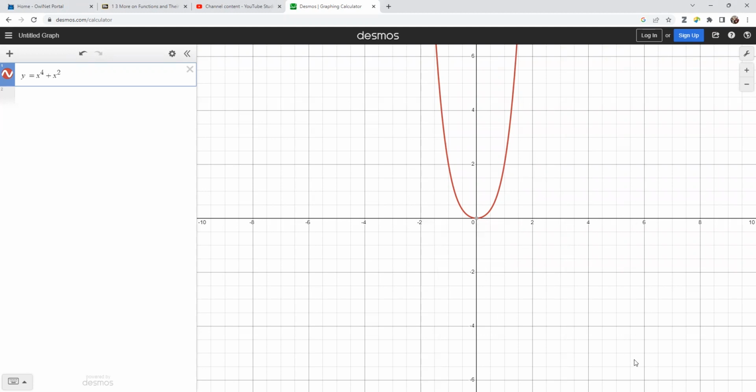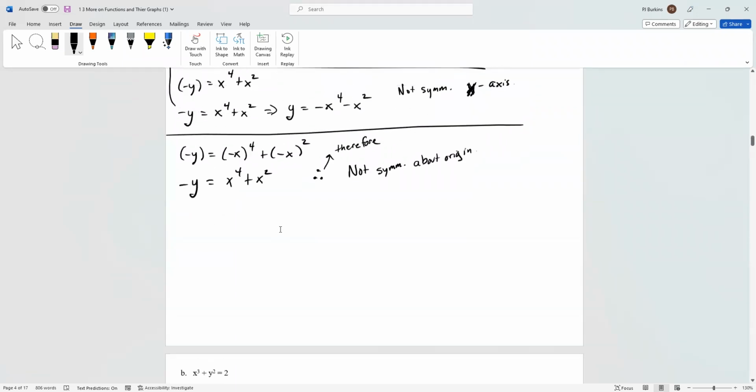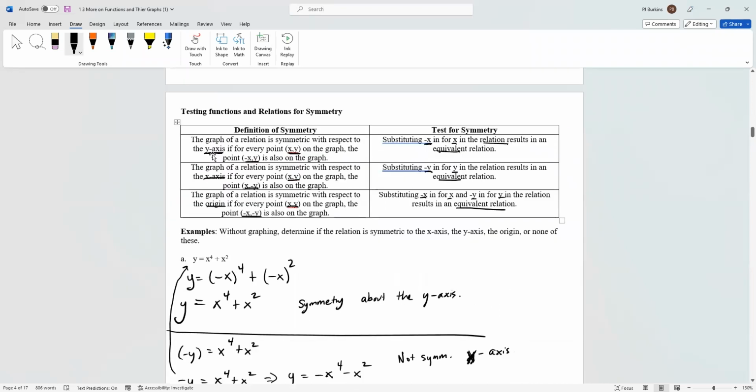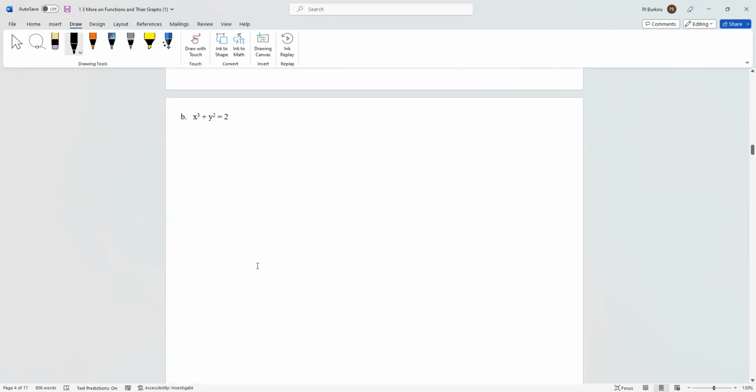All right, so let's go ahead and go back to our sheet here and continue. So again, we want to test for symmetry. If we look back up here quickly, doing symmetry about the y-axis means plug in a negative x. So I plug in negative x, and I get minus x cubed plus y squared equals 2.